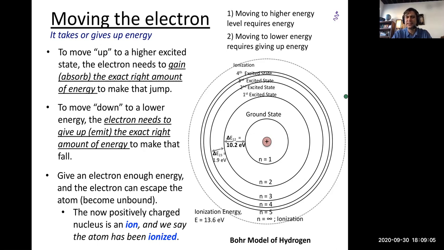And in that case, we say that the hydrogen atom has been ionized. And what we have now is an ion, a positively charged atom. It has lost one of its electrons, so it has more protons than it does electrons. It is a charged atom that we call an ion. And we gain a free electron that's just zooming around the universe.